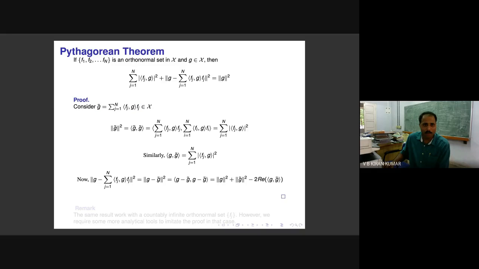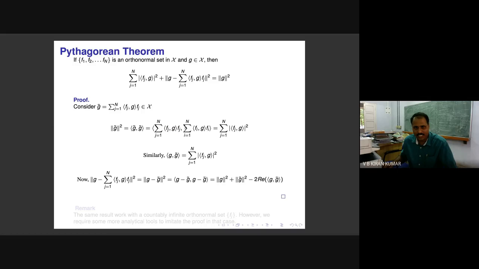Now you compute the norm g tilde square. By definition, norm g tilde square is the inner product of g tilde with g tilde. Now just substitute the definition of g tilde. So the first thing will be summation over j of inner product Fj, g times Fj.